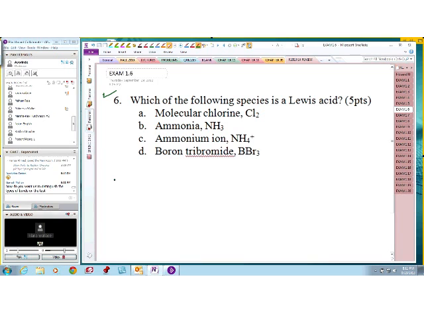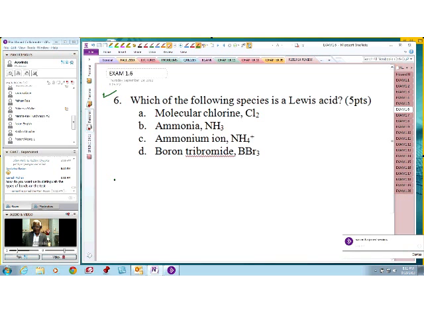Which of the following species is a Lewis acid? Okay, thank you. So this question is asking which of the following species is a Lewis acid. Of course, we know a Lewis acid equals an electron acceptor.